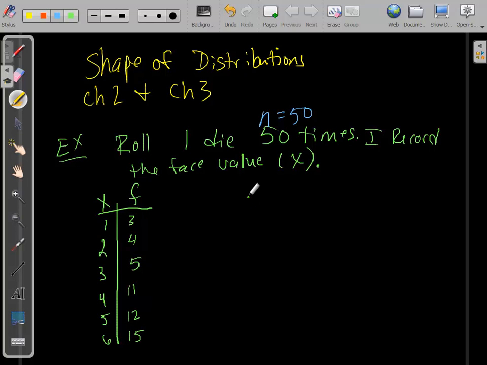Alright, so the things that we want to describe and explore for this data set or distribution: we want to look at the mean, the median, and the mode.